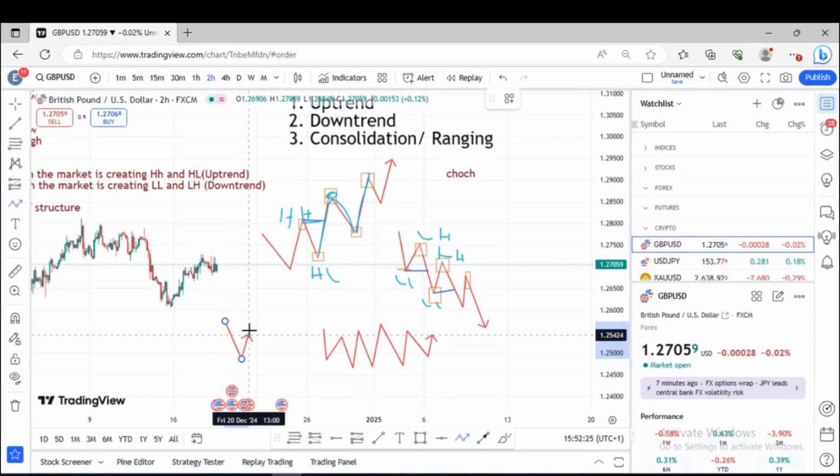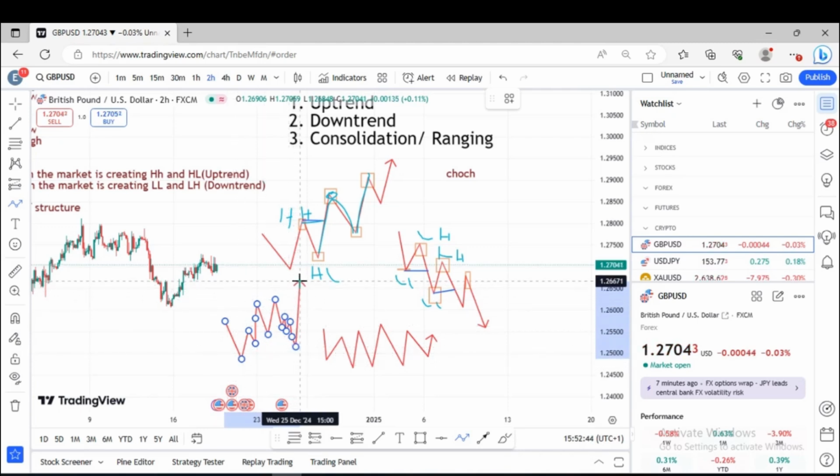Here for an uptrend, creating something like this, breaking here, creating something like this, come back here, moving like this, then it did not break this point, stop like this, creating a higher high, then come down like this.